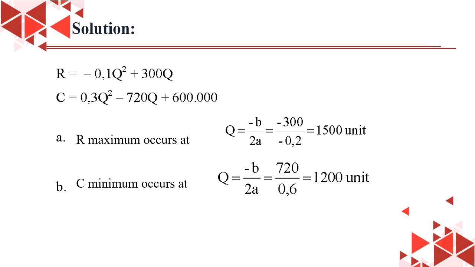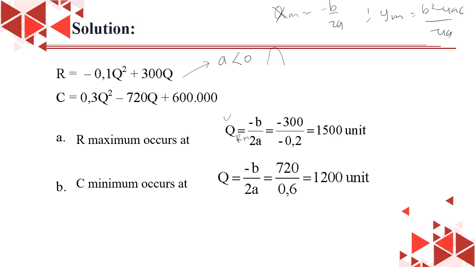R maximum occurs at, again remember that each maximum or minimum point comes from minus b over 2a and ym. I said this is x, and ym is b quadrat minus 4ac over minus 4a. So the q here is always on the x-axis, remember that. Then the Q for R maximum. Again, the a here is minus 0.1, so it is smaller than 0.